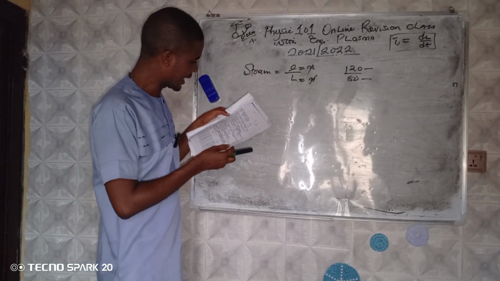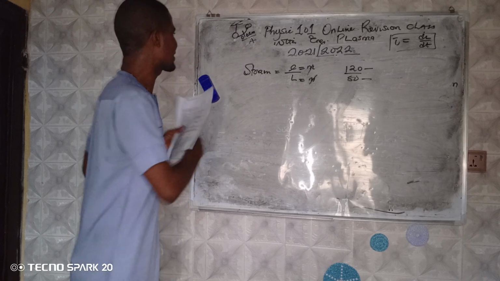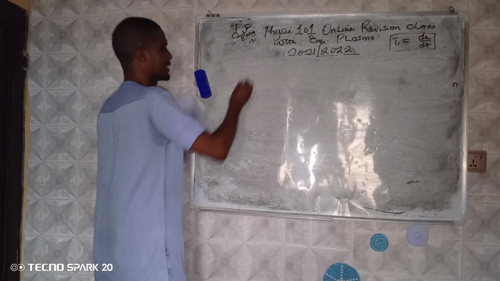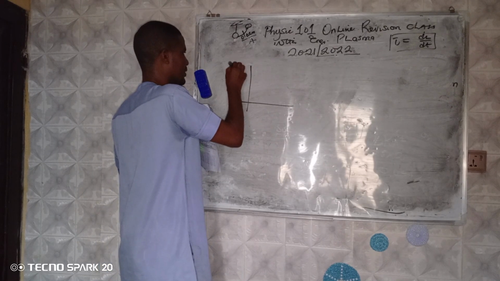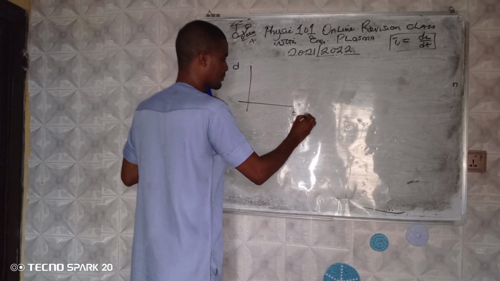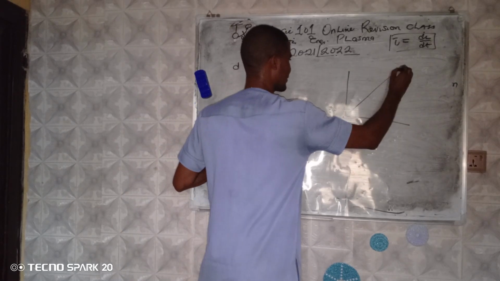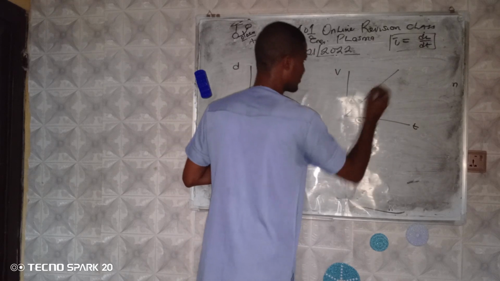Number 3, slope of distance-time graph and velocity-time graph. Let's see something there. This is my graph, and we have distance and time. And we have another graph, velocity and time.